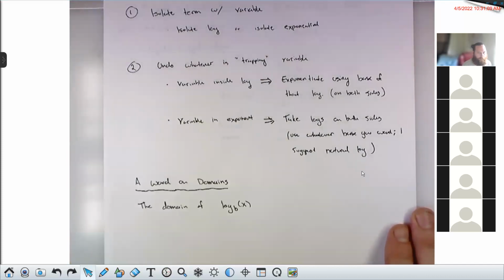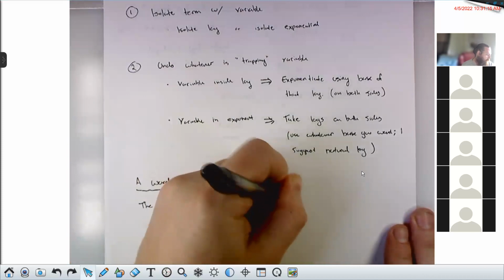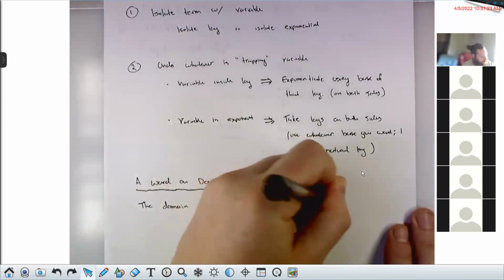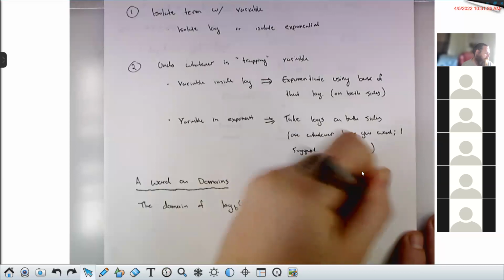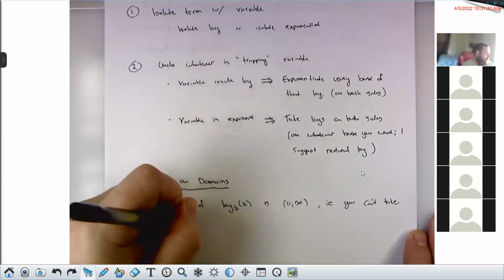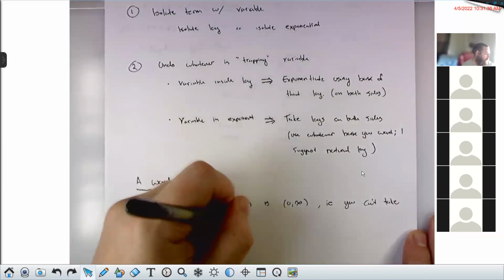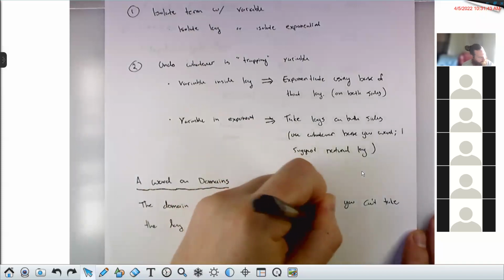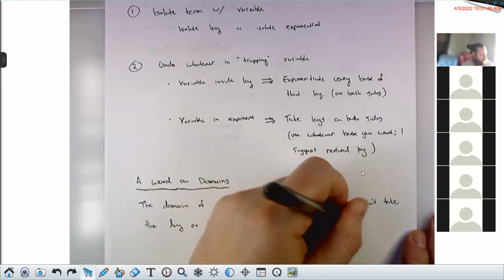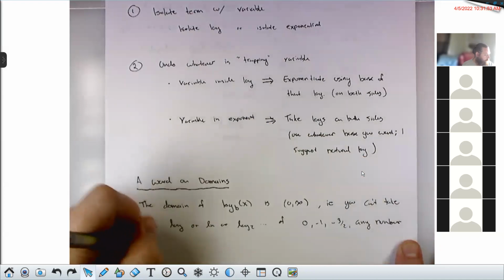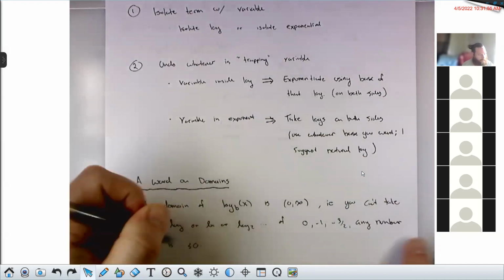The domain of the base b logarithm, where b is any possible base, is the interval 0 to infinity, i.e., you can't take the log or ln or log base 2, blah, blah, blah, of 0, -1, -3/2, any number that is less than or equal to 0.